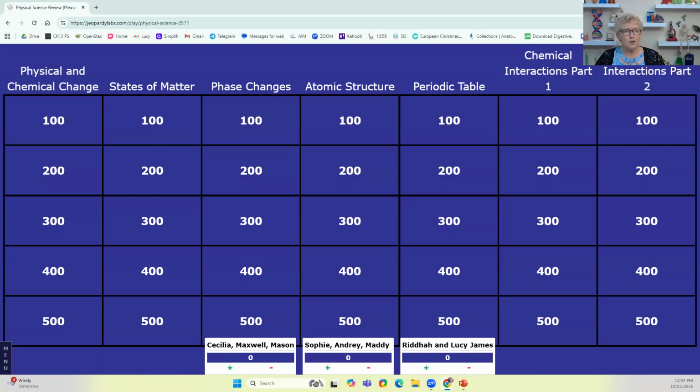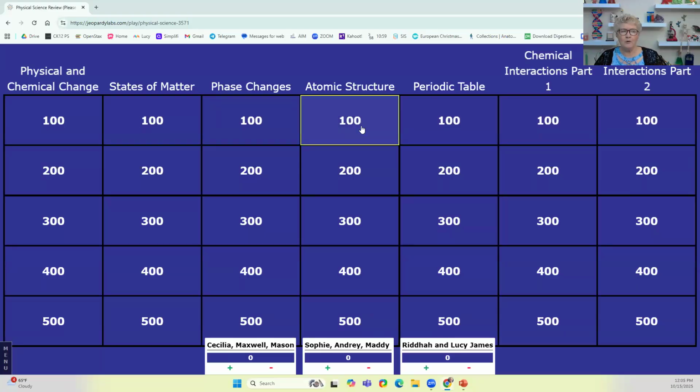Okay, Cecilia, you pick a category up here and then the point value that you want down here. And I'm going to ask you guys to please not take a long time thinking about it. Eventually we're going to get to all these questions, so decide quickly so that we can keep the game moving. I don't really get it. Okay, have you ever played Jeopardy before? No. Okay, so pick one of these at the top. Which one are you interested in? Do you think your team might be able to answer a question about atomic structure?